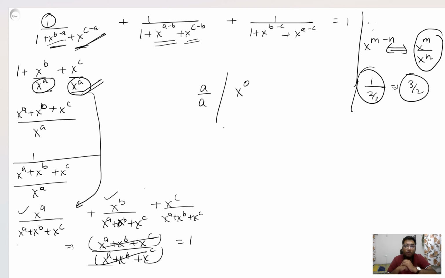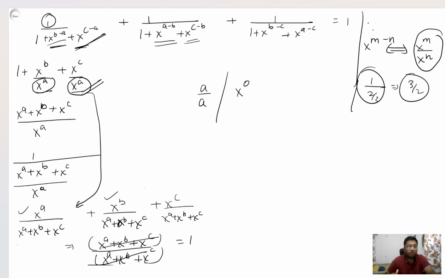So remember, when a question says prove that this is equal to 1, you should know what you are chasing. Either you are trying to create the same numerator and denominator, or you are trying to make all the exponents add and subtract and cancel out and become 0. You would have seen that in the previous questions that I explained. There were questions where all the exponents eventually cancelled and everything became 0. So we eventually had x to the power 0 and it reduced to 1.